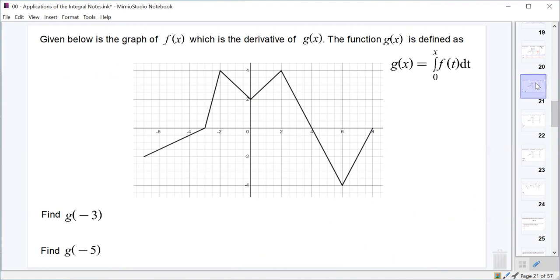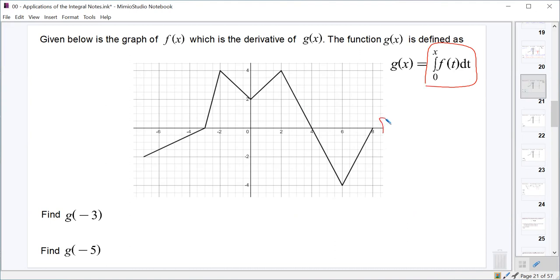This one is the same graph that we were just looking at a second ago. But this time we've defined the function g of x as the integral from 0 to x of f of t dt. Right? It's defined slightly differently. Instead of being the integral from -7 to x, it's the integral from 0 to x.